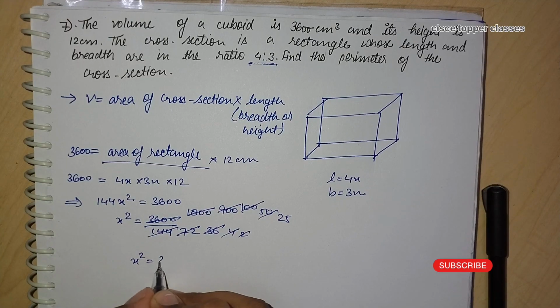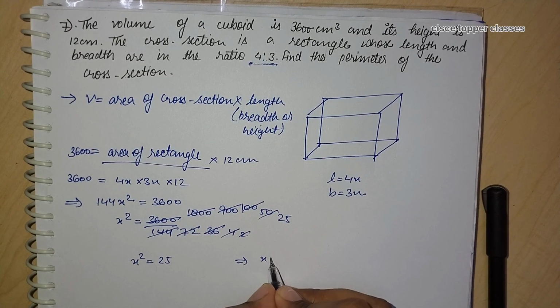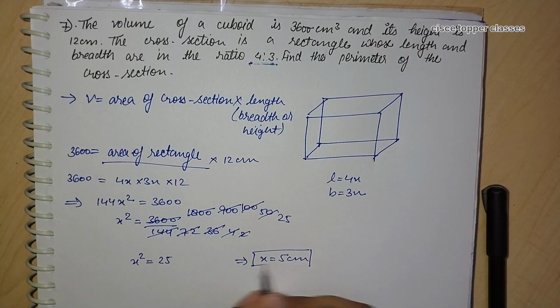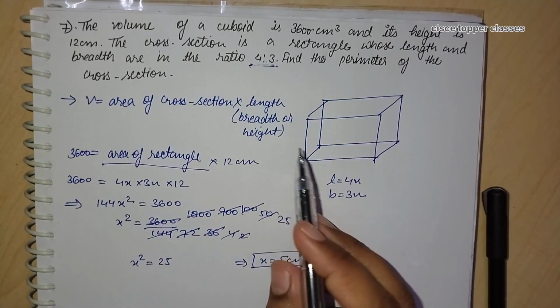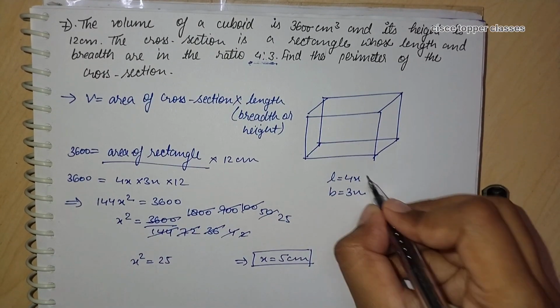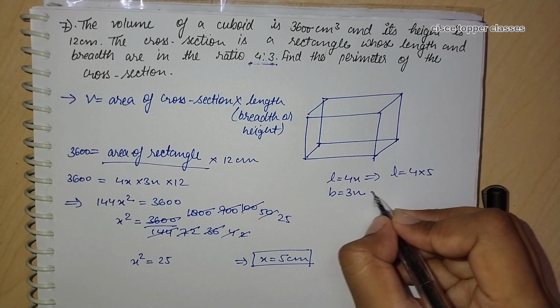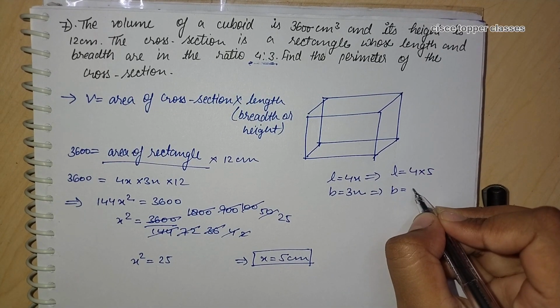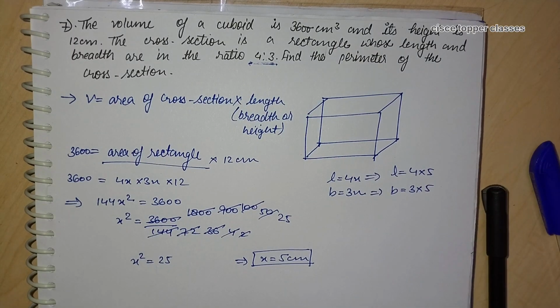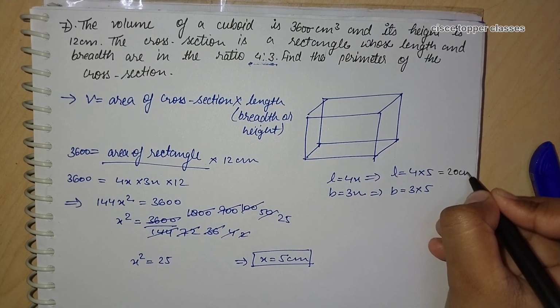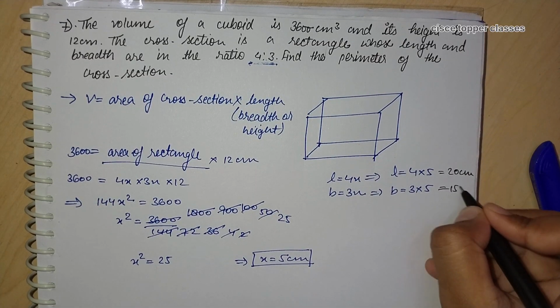If we take the square root, x will be 5 centimeter. Since the ratio of length and breadth is given, we can find the length of this rectangle as 4 into 5 and breadth as 3 into 5. So the length of the rectangle of this cross section will be 20 centimeter and the breadth will be 15 centimeter.